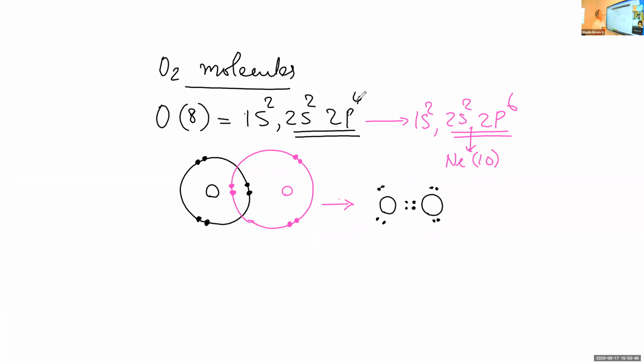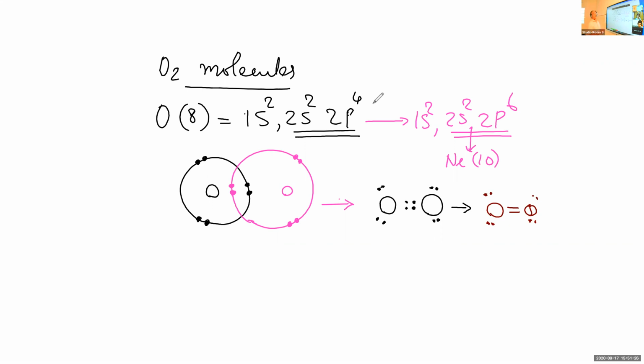Since 2 pairs of electrons are shared, we say there is a double bond between the oxygen atoms. So you can show this using dashes: oxygen, double bond, oxygen, with 2 free electron pairs on each.